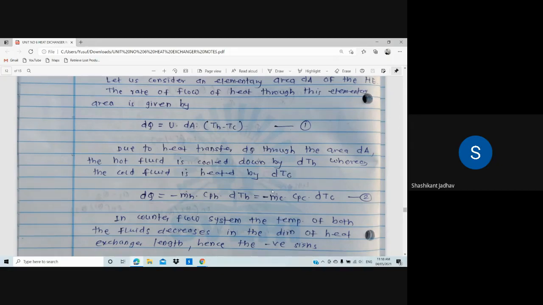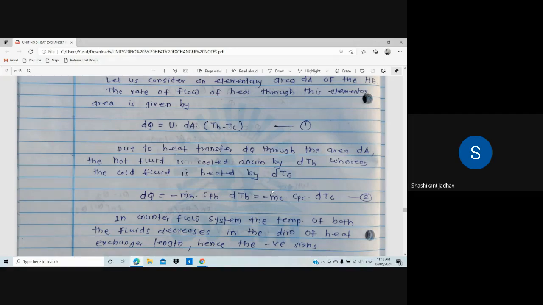Okay, so in a counterflow system, the temperature of both fluids decreases in the direction of heat exchanger length, hence the negative sign we have taken. So we have to write down that statement for understanding how the negative sign is coming there.